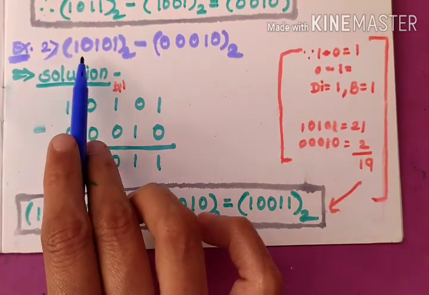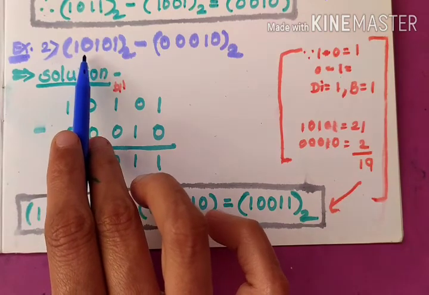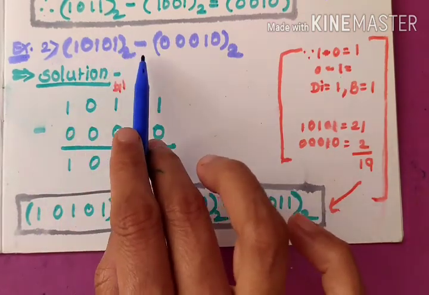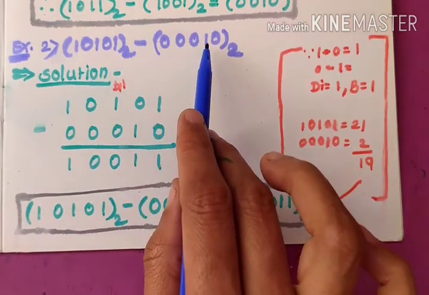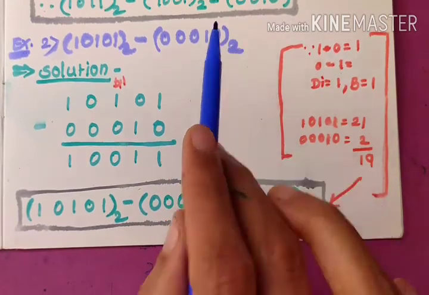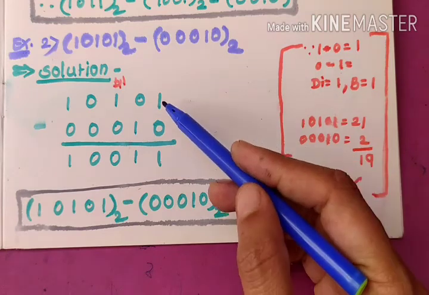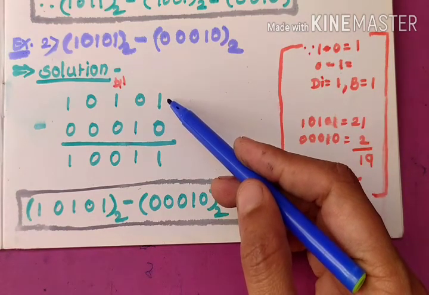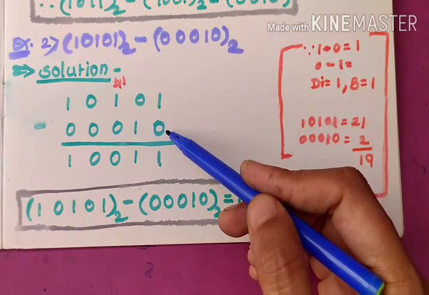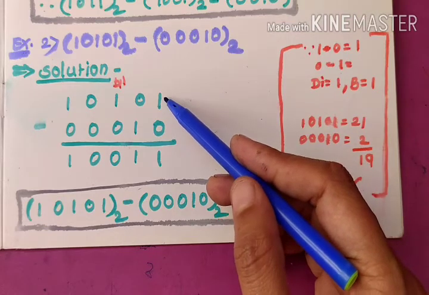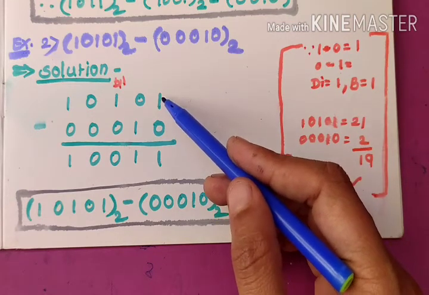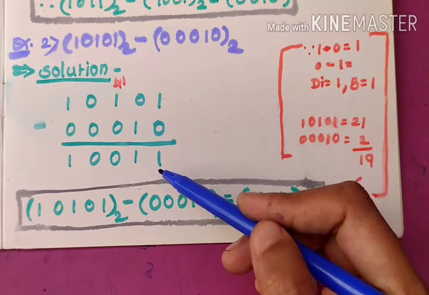Now let us see this another example. 10101 binary minus 00010 binary. So write the numbers in this fashion. This is the first number's LSB, this is the second number's LSB. So subtract this 0 from 1, that is 1 minus 0 is equal to 1.